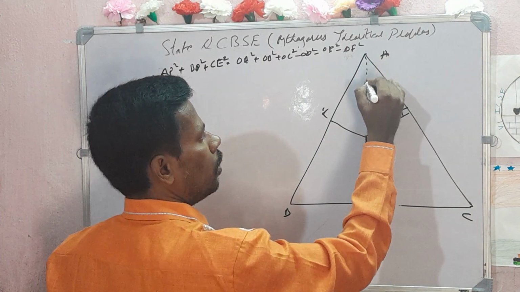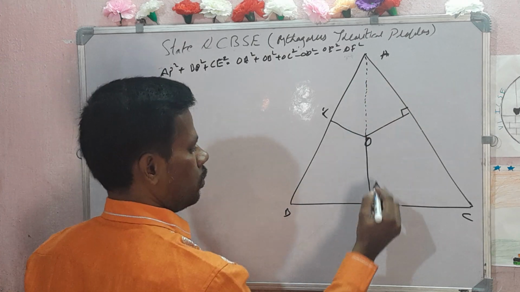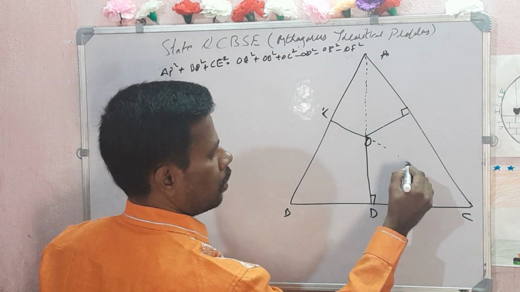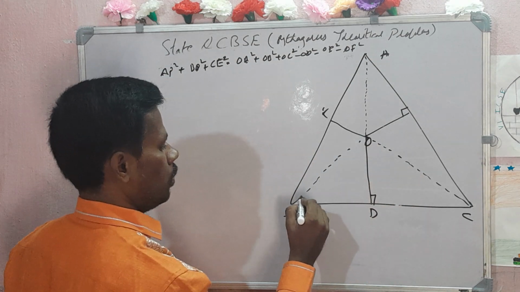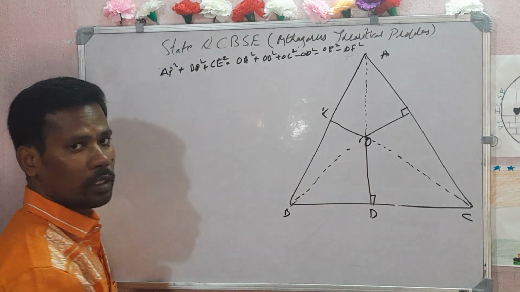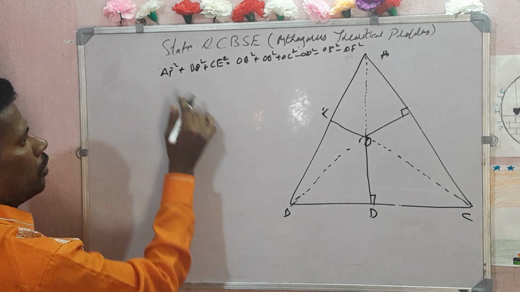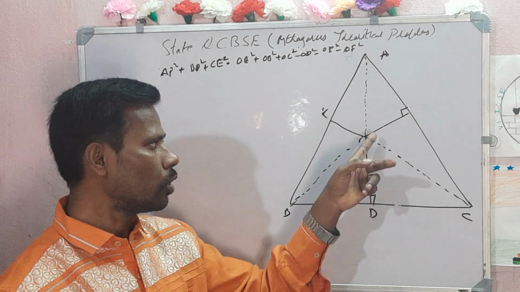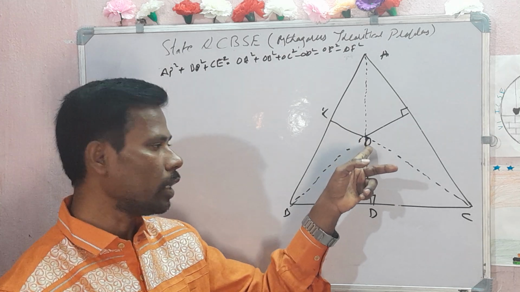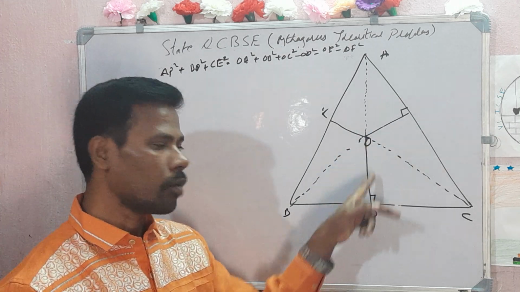Join this. In order to prove this one, you have to join this one. So, are you following the question? Triangle ABC is there. He took O as some point. From O, they are dropping perpendiculars.